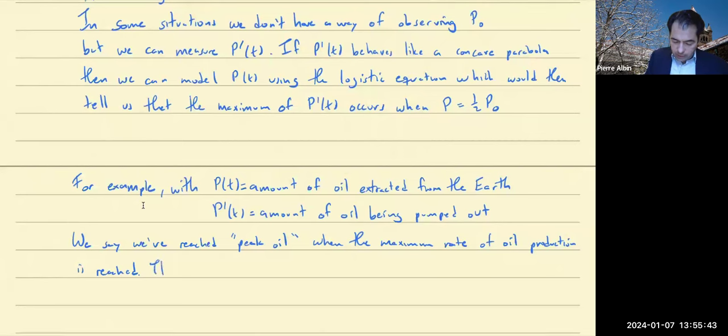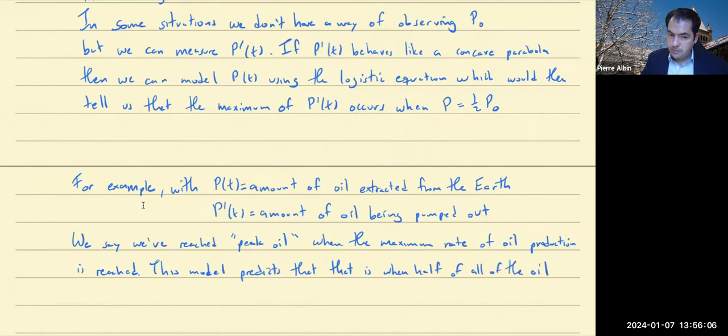And this model predicts that that is when half of all of the oil on Earth has been extracted.